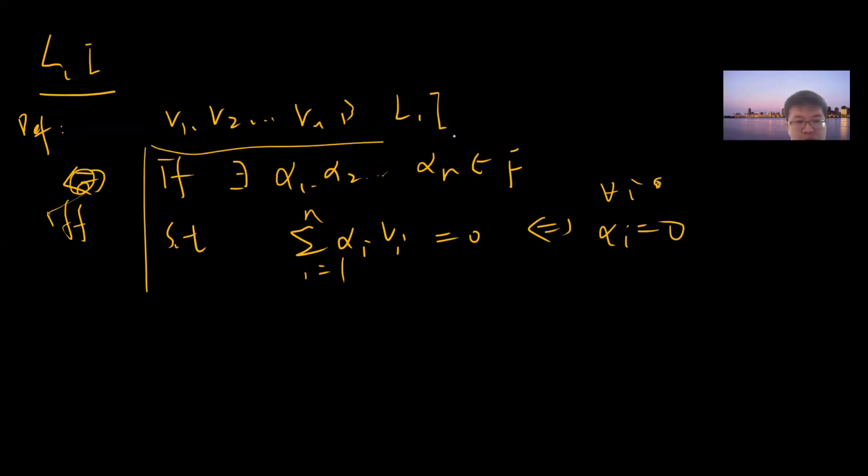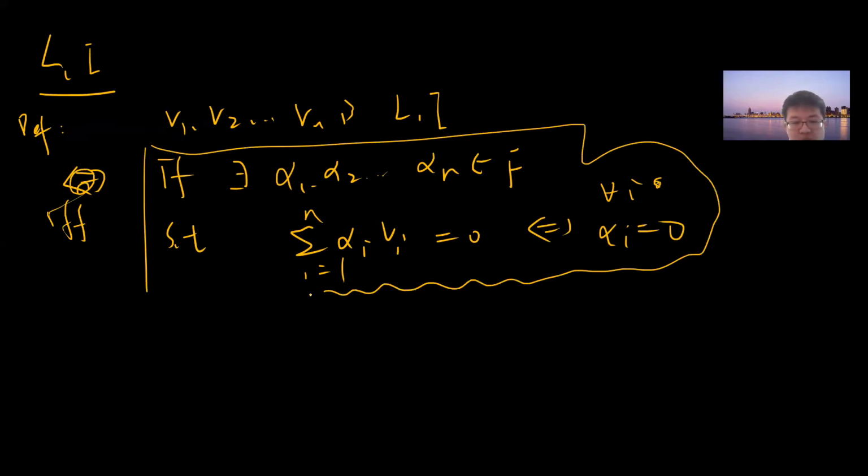So this is the definition. It means that if there exists a linear combination of V equal to 0, then all the coefficients must be 0. This is called linear independence.